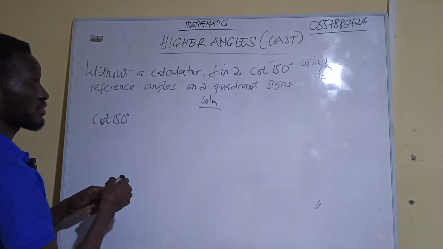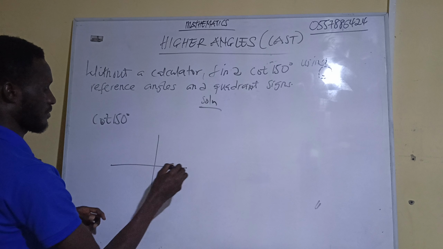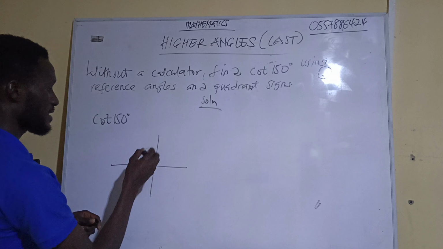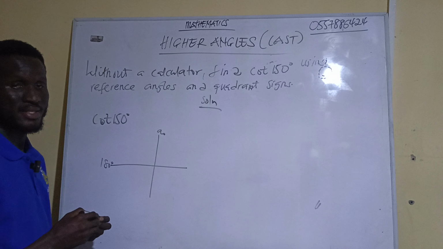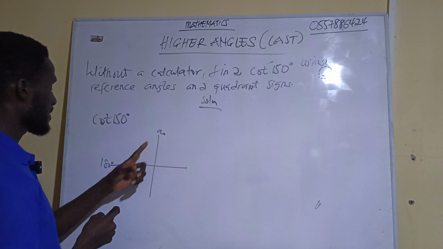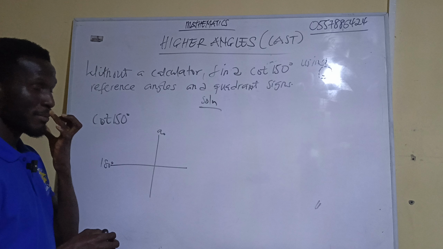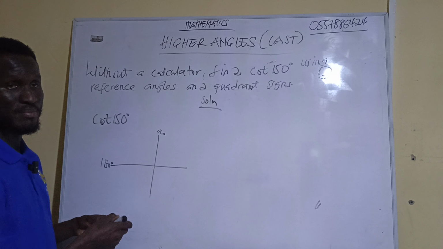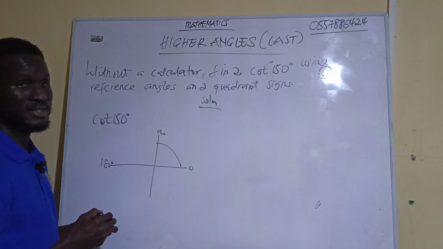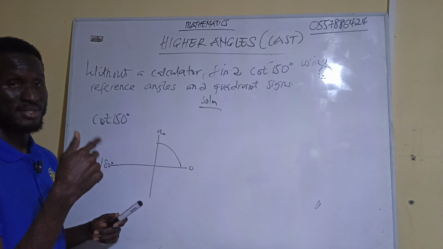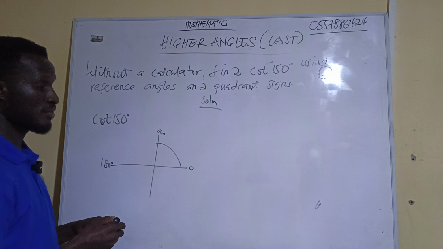Don't forget that this 150 degrees is an angle between 90 and 180. You understand? So if I want to read my 150, I have to read from 0. Here is 90. I will need 60 to add up to the 90 before I can get 150 degrees.